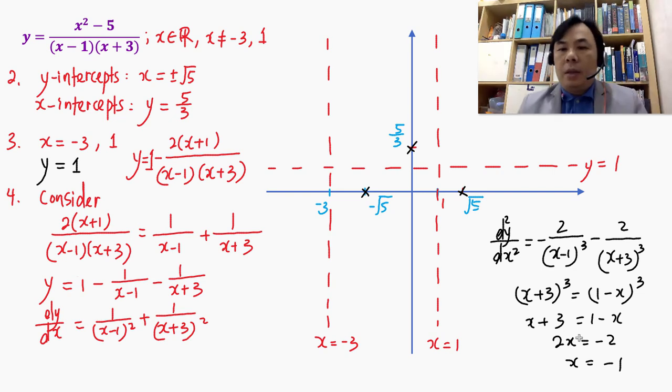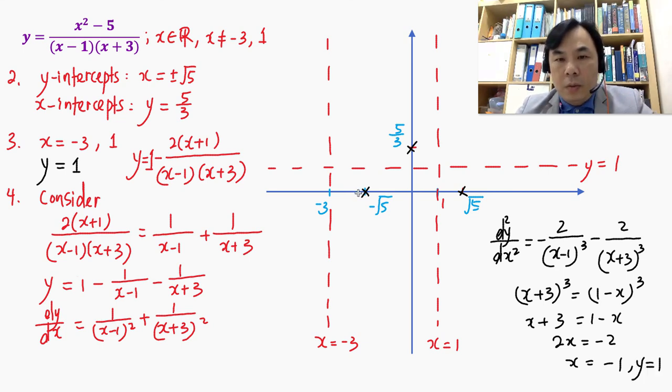Alright, indeed there is an inflection point at x equal to negative 1. So at x equal to negative 1 here, we can put it back here. We will get, let me see what do we have here. We have negative 1, that is negative 2, 1 over 2 cubed, and then this is 1 over 2 cubed, 1 over 2, that is a 1. Okay, so there's a 1, so y is equal to 1.